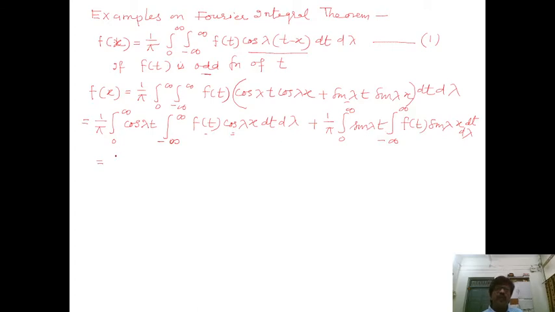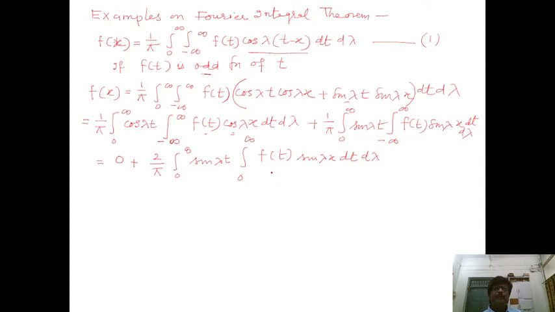So the first integral is 0 from the property of definite integral, so the second integral is equal to 2 times integral 0 to infinity sin lambda t integral 0 to infinity f of t sin lambda x dt d lambda.